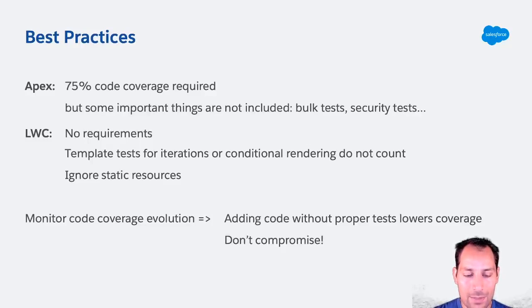What I mean by that is that if you have conditional rendering or iterations, this is not included in the code coverage checks. So it's your job when you're writing your test to make sure that when you set some variables, the template is affected or re-rendered correctly.